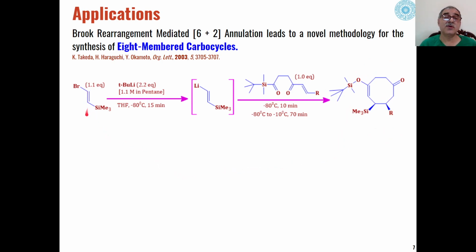So here also when these types of trimethylsilyl enones are reacted with tertiary lithium, then these types of intermediates are formed, and these on reaction with silyl ketones get converted into these types of 8-membered carbocyclic derivatives through Brook rearrangement, followed by 6+2 annulation reactions.